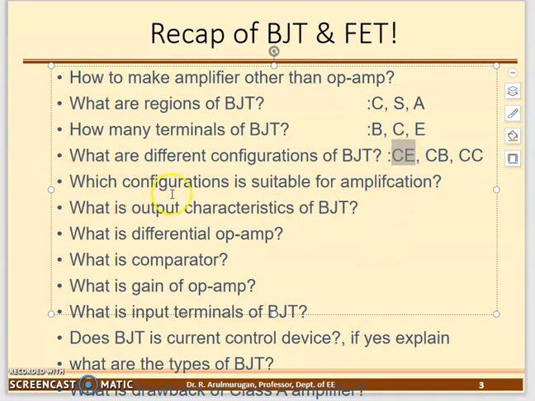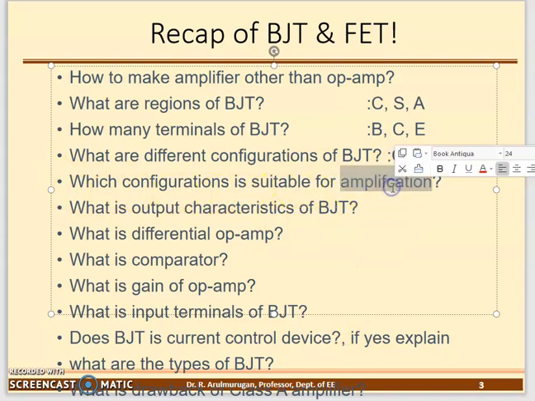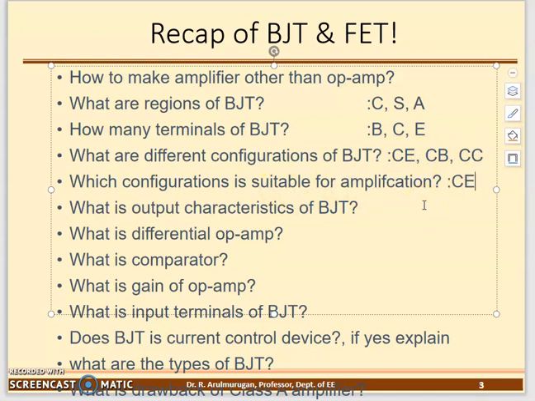The next one: which configuration is suitable for amplification? Out of the three configurations, common emitter is suitable. What are the output characteristics of the BJT? Output characteristics are output current versus output voltage. The output current is the collector current, versus the output voltage.